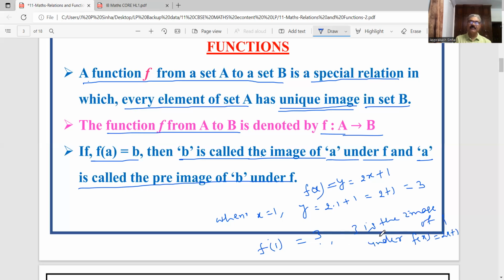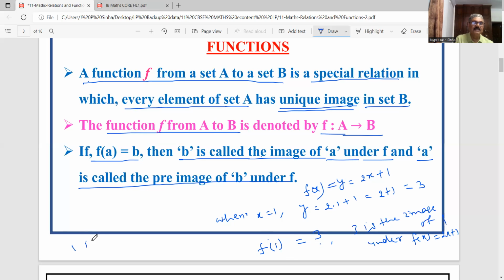If this is the function, then 3 is the image of 1 under the function f(x) is equal to 2x plus 1. And the other way, we can say that 1 is the pre-image of 3 under f.